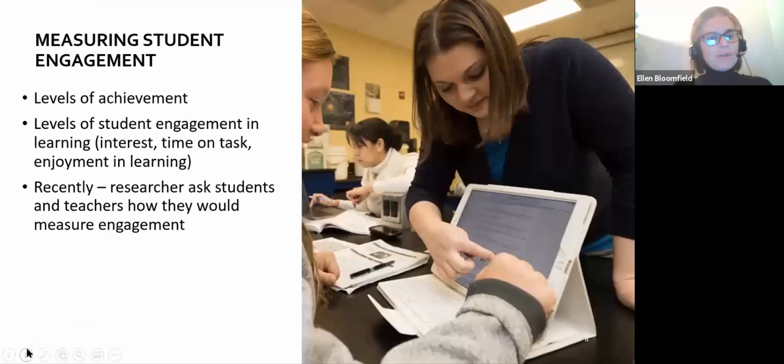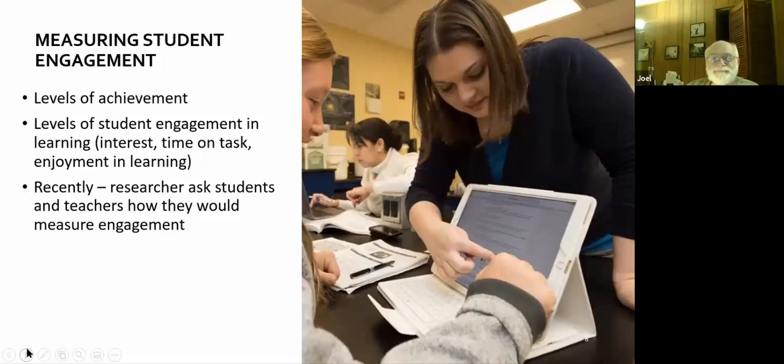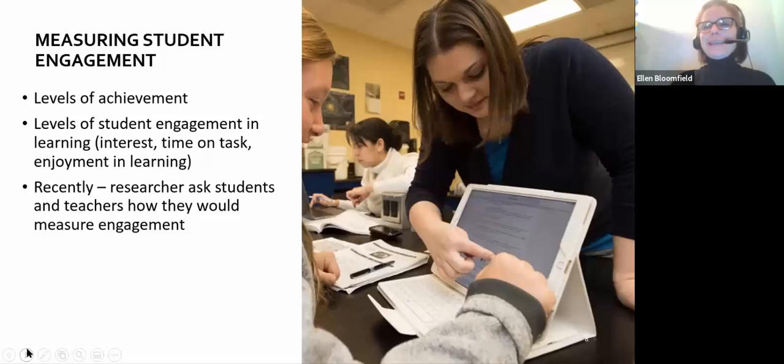So when measuring student engagement, like I said, the history of student engagement really measured whether or not they come to class, they scored well on their tests, and they graduated.